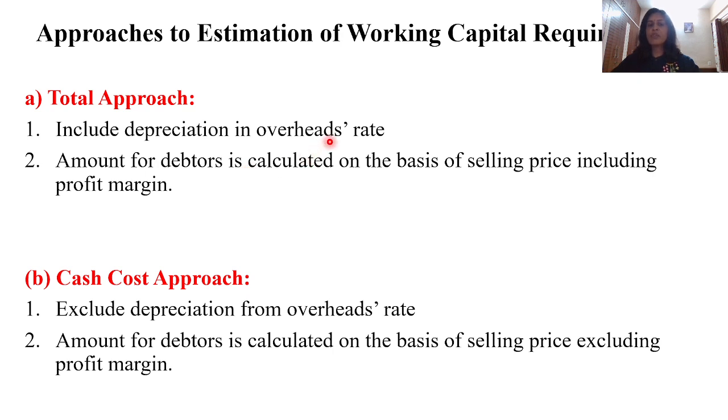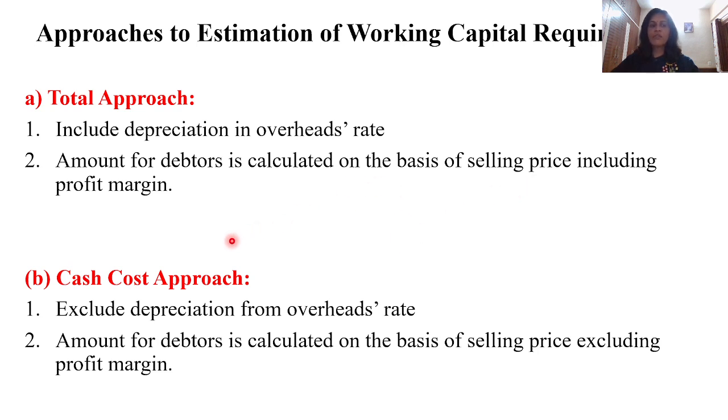First, whenever you take overhead rate, as you know, there are 3 items: material, labor, and overheads. So whenever you are taking overheads, you have to include depreciation in overheads. Second thing, debtors are going to be taken on the basis of selling price.